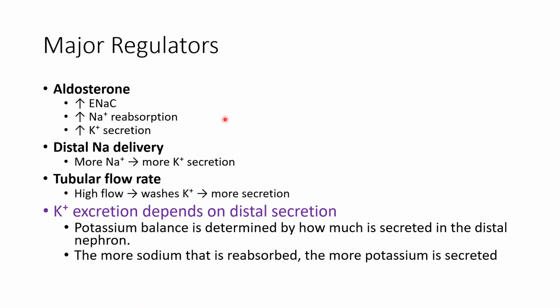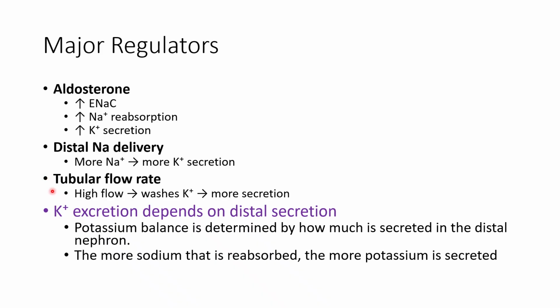So the major regulator of potassium is aldosterone, which increases ENaC, increasing sodium reabsorption and increasing potassium secretion. Then the second is distal sodium delivery. The more sodium is delivered to the distal part, the more it has to be absorbed and the more potassium will have to be excreted as a sacrifice. Then the flow. Again, it is similar to salt delivery because the flow in itself is delivering the solutes.